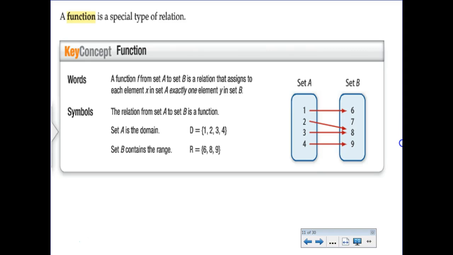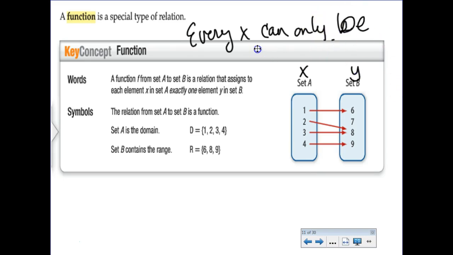Okay? Alright. So in order to come up with whether our relation is a function or not, think of this as x and y. Every x can only be paired with one y. So in this example, every x is only paired with one y.